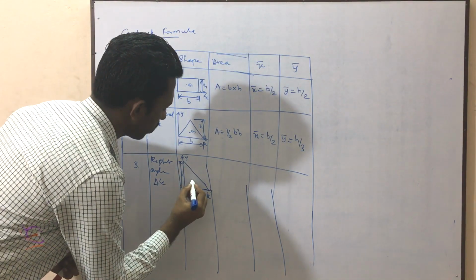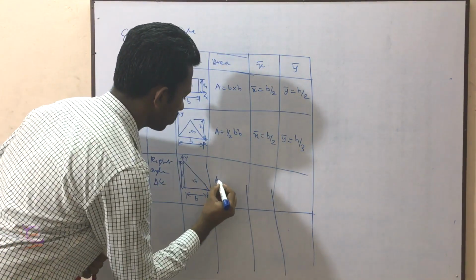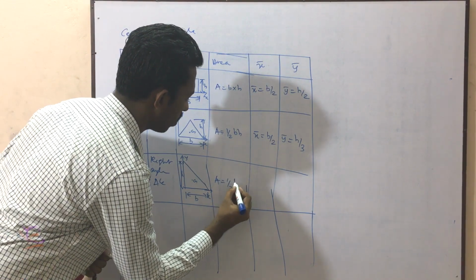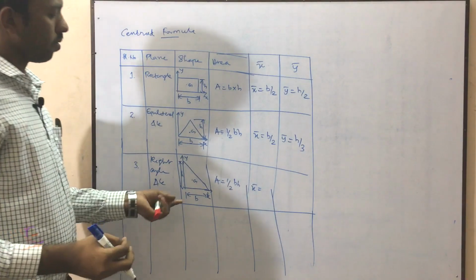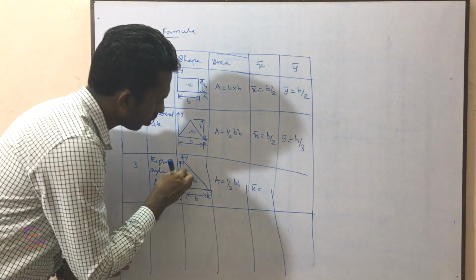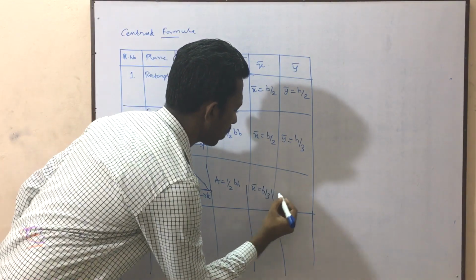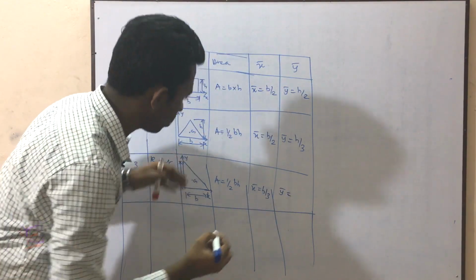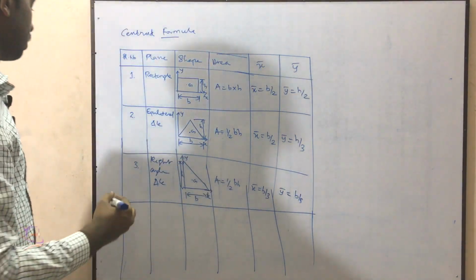The centroid point will be here G. The formulas are almost the same; area is half b h. What is the value for x bar? Here also the area is decreasing, so b divided by 3. Y bar is h divided by 3 from the base.